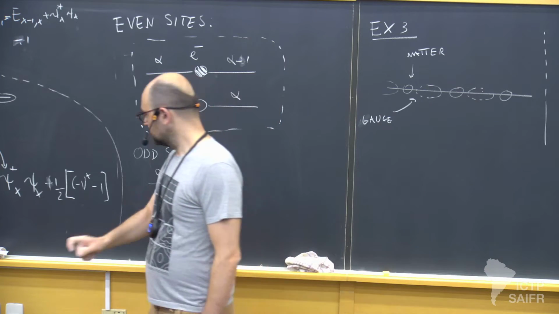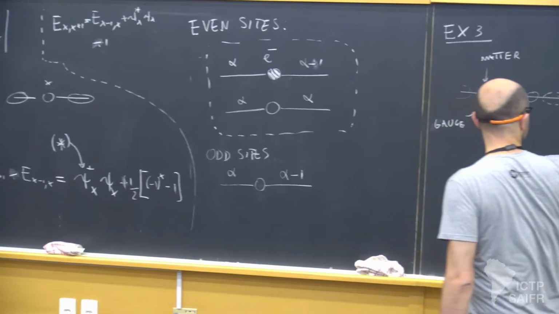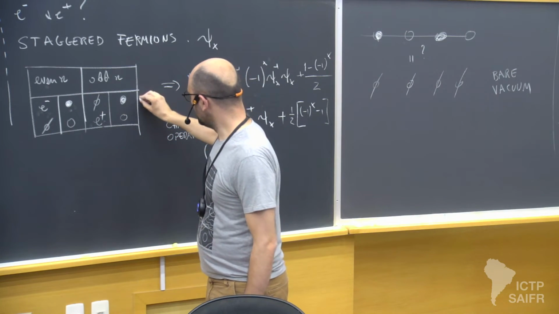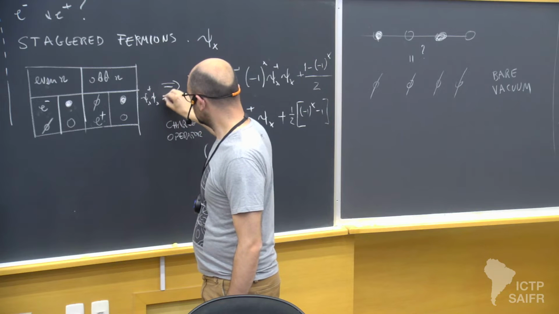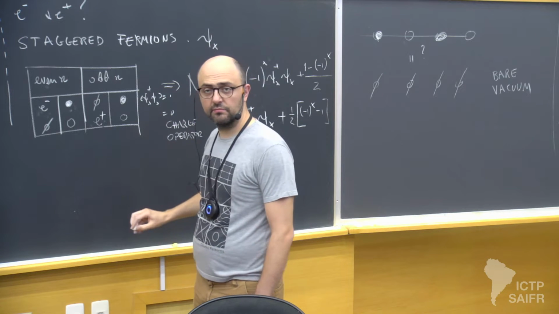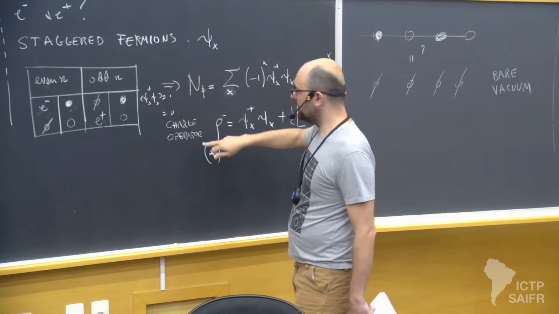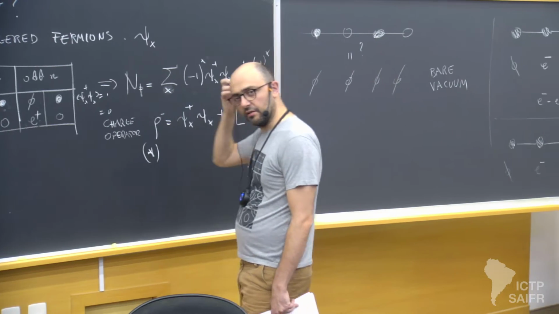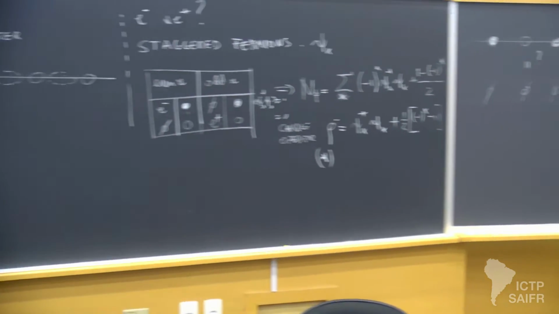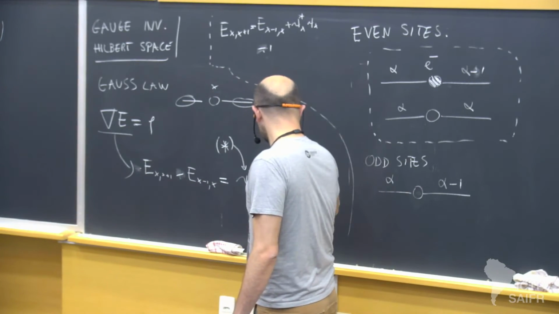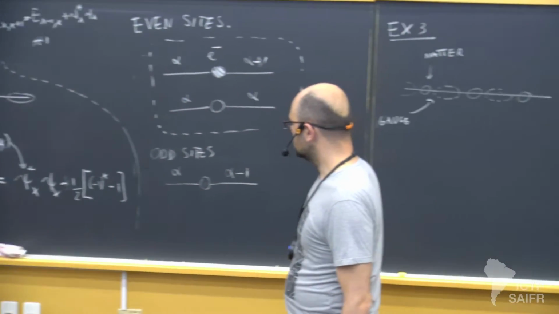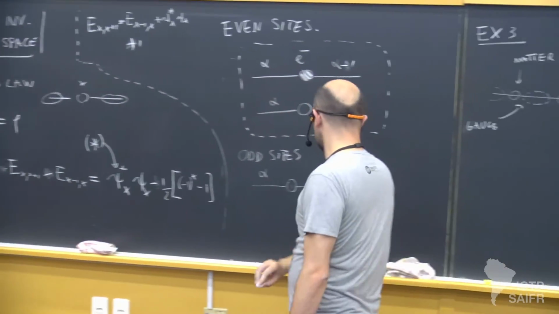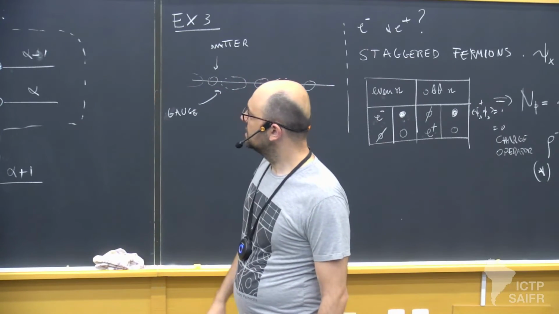So on the odd sides, this is the state where psi dagger x psi x is equal to 1, and this is where it's 0. Because the charge and the number operator are not linear, they are linear functions of psi dagger psi, but you need to take into account these corrections. So here there was a minus sign, and this becomes +1. And indeed, this now gets correct. Sorry for this.